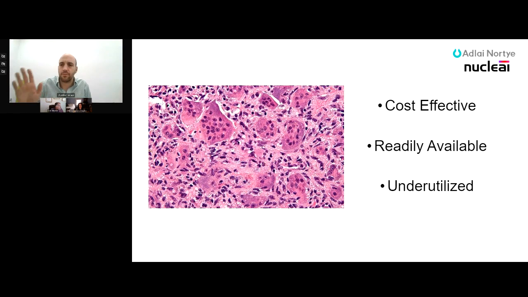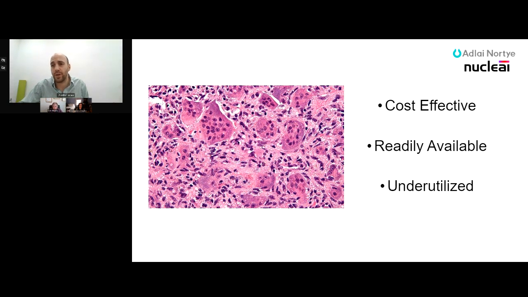So as Ken very thoroughly described the utilization and the benefits of H&Es compared to some of the other biomarkers that are typically used in clinical trial research, such as sequencing or multiplexing, the H&E is cost-effective. It's readily available in that all patients have a diagnostic slide in order to be diagnosed, graded, and staged.